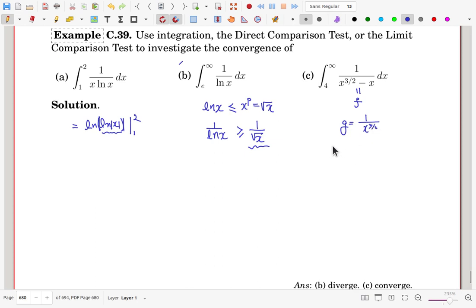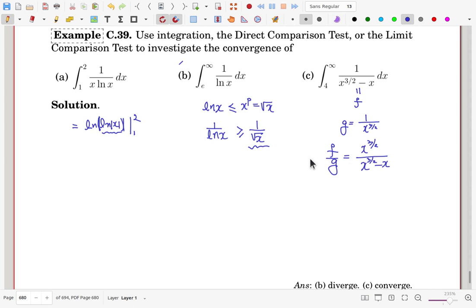Then f over g is x to the 30 over 2 over x to the 30 over 2 minus x.